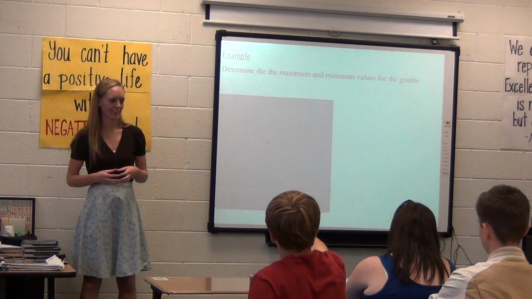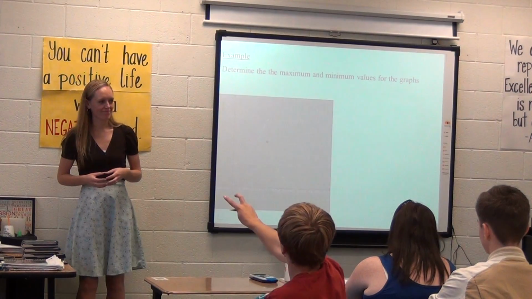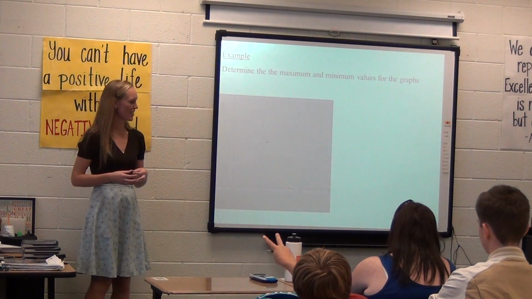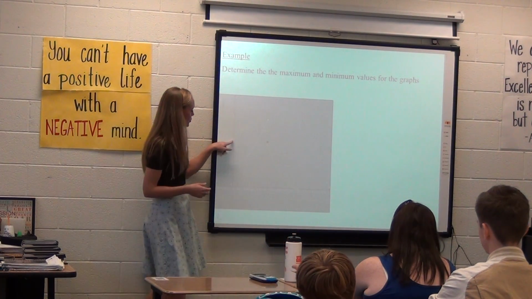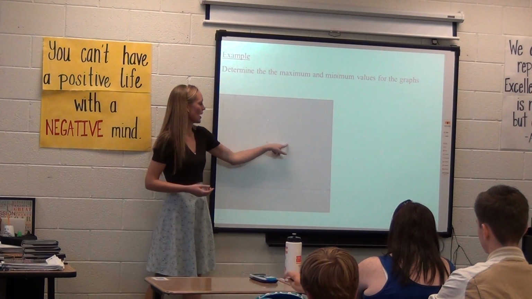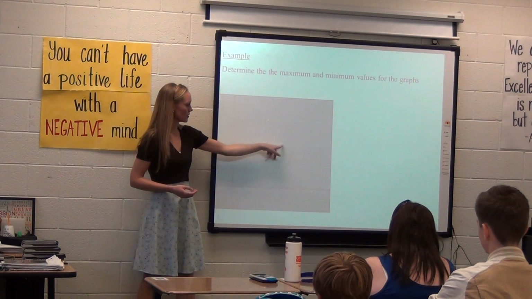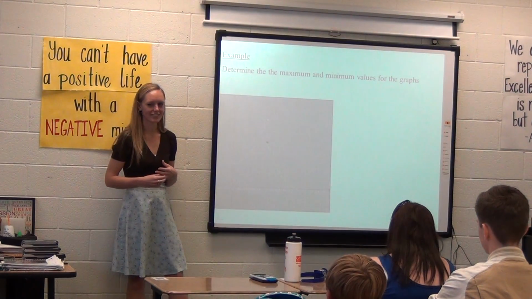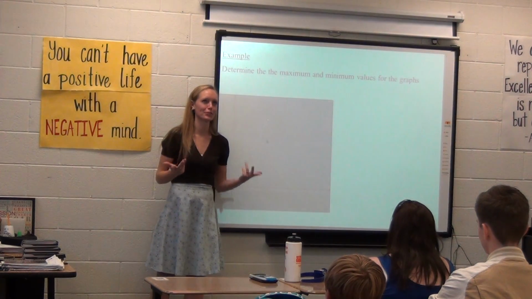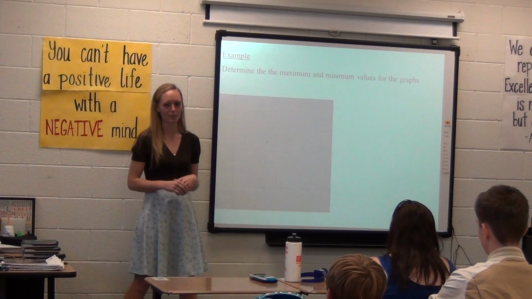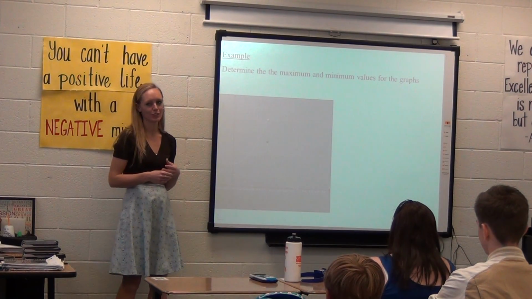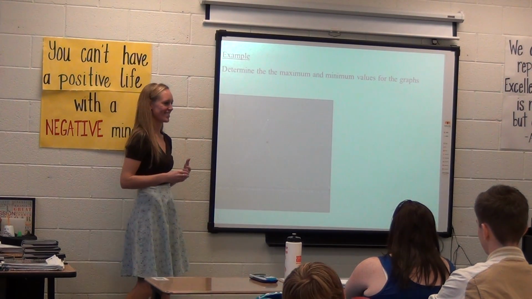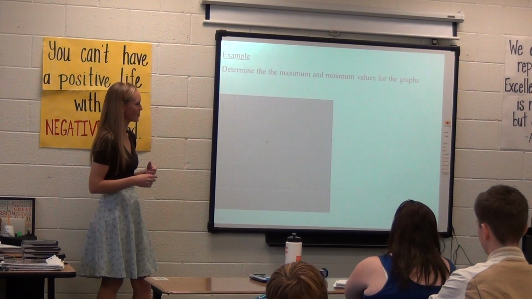So the max value would be 2. Is 2 the highest point this graph ever goes? No, it approaches 3. Can we approach a maximum value? No, it just has to be defined.